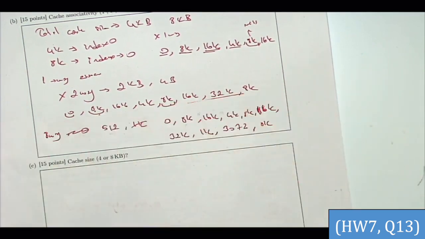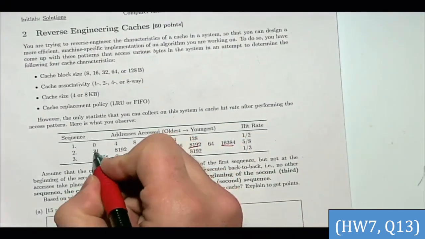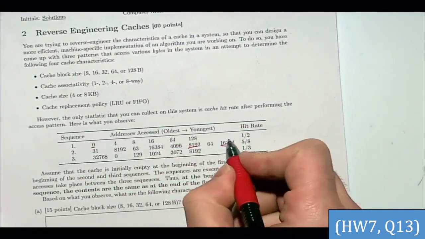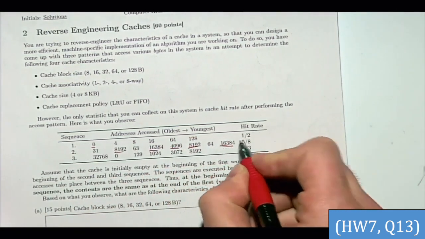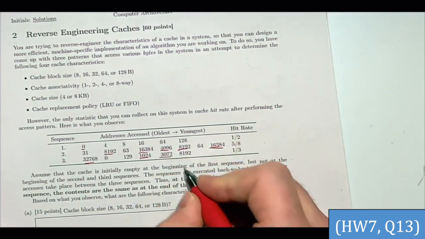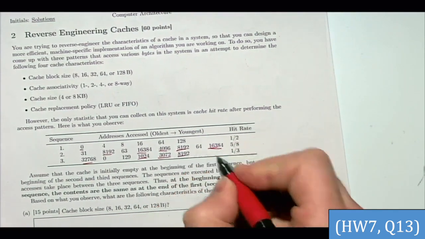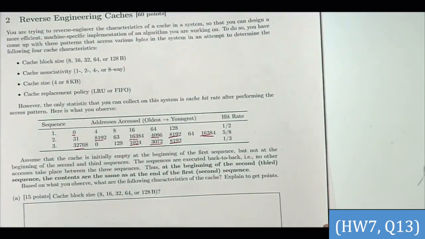What I did was pick all the accesses in order: 0, 8K, 16K, 4K, 8K again, 16, 32, 1K, and this is also a multiple of 1024 and also 8K. So these are the accesses that will map to the same index in this order.